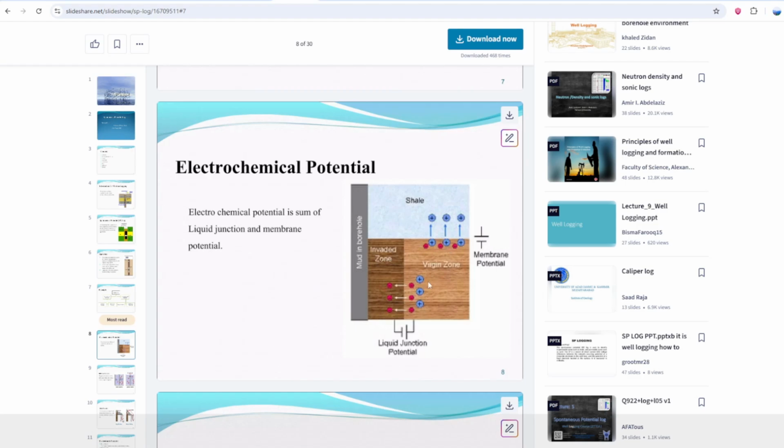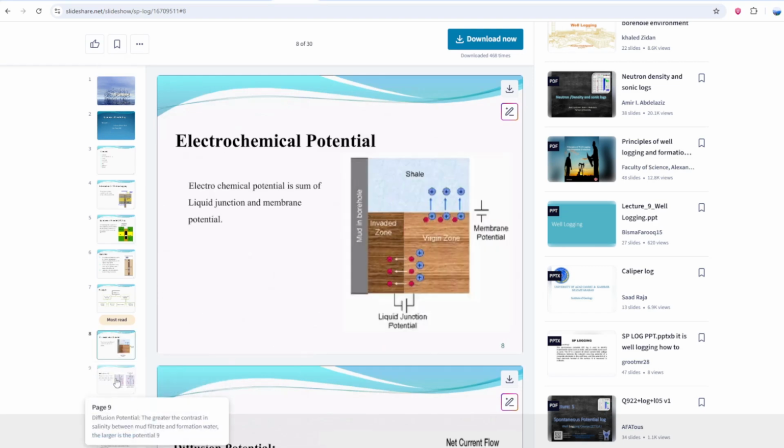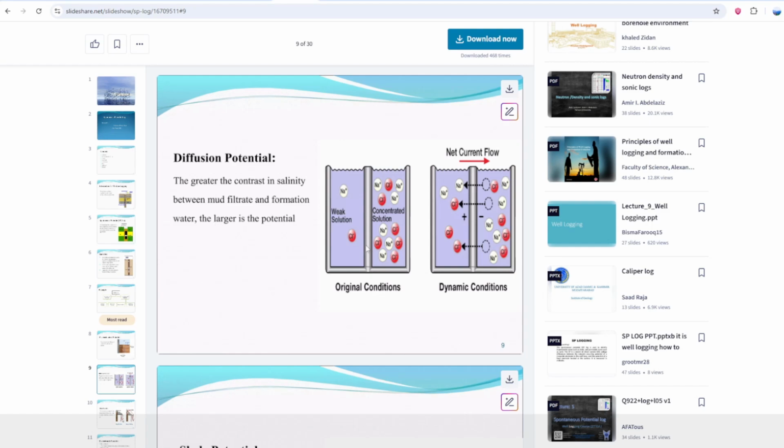So if we sum up all these two contributions, we're going to get the final electrochemical potential contribution to the SP curve, right? And this is the electrochemical potential. We have the diffusion potential. So again, if we have two solutions, two fluids, one is a weak solution, one is a concentrated solution, then the ions that are in the concentrated solution will move to balance salinities, right?